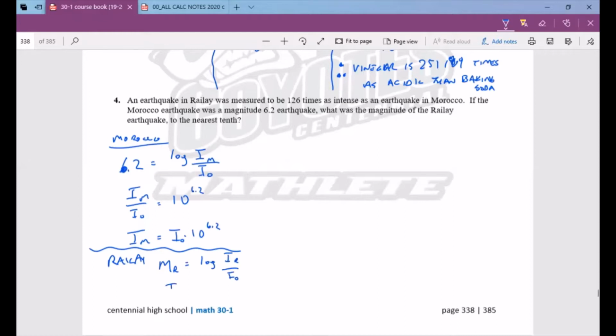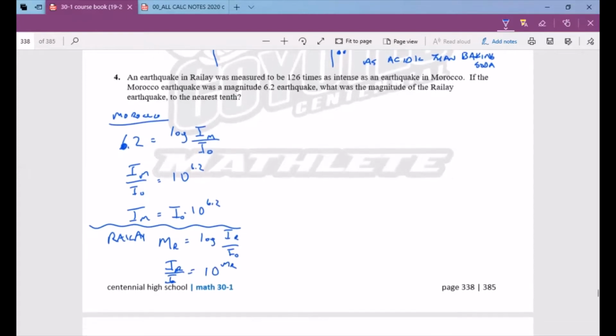Therefore, IR over I naught is equal to 10 to the MR. Therefore, IR is equal to I naught times 10 to the MR. So MR is what we're trying to solve for. It's the magnitude of our Rayleigh earthquake.